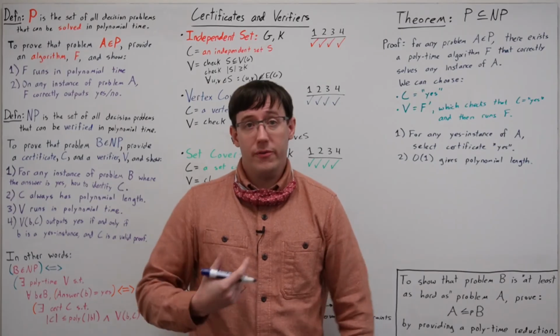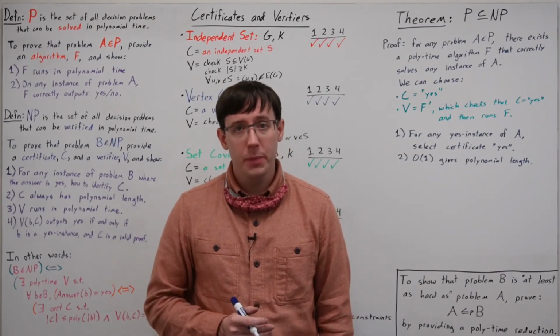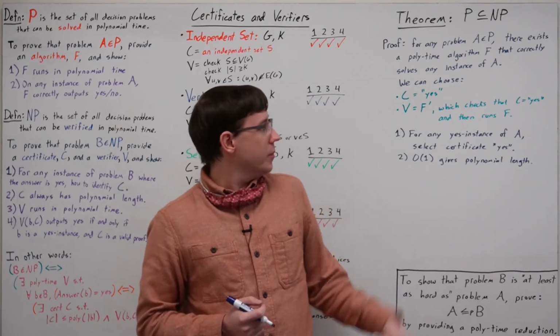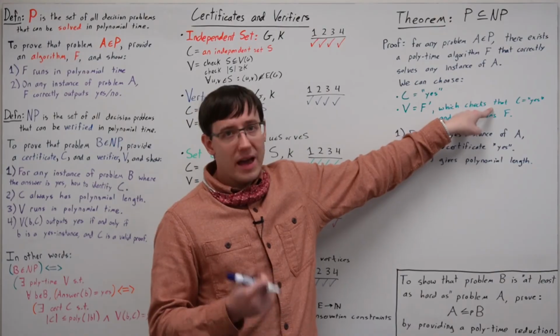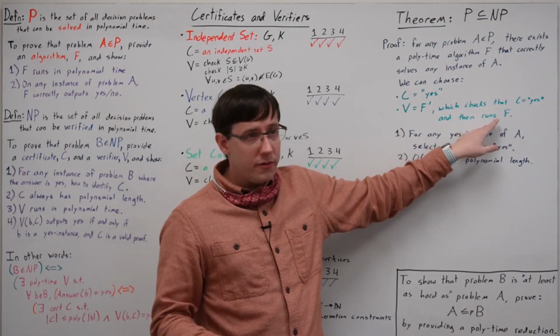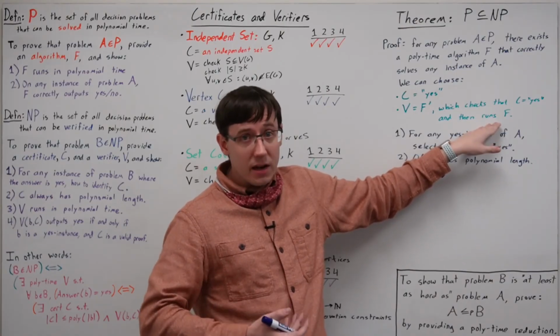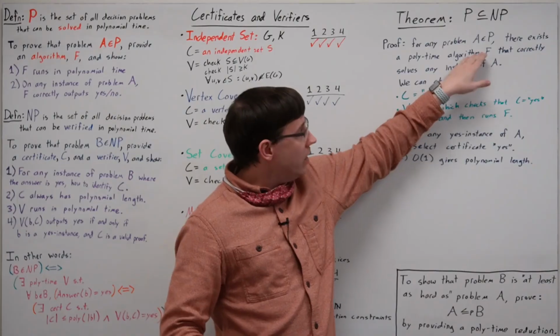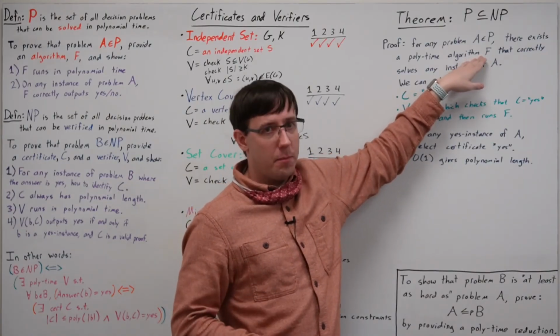And we need our verifier algorithm to run in polynomial time. But since our verifier algorithm just has to check that the certificate was yes, that takes constant time, and then it can run the algorithm f, but since we are talking about a problem that is in the set P, we know that our algorithm to solve it takes polynomial time.